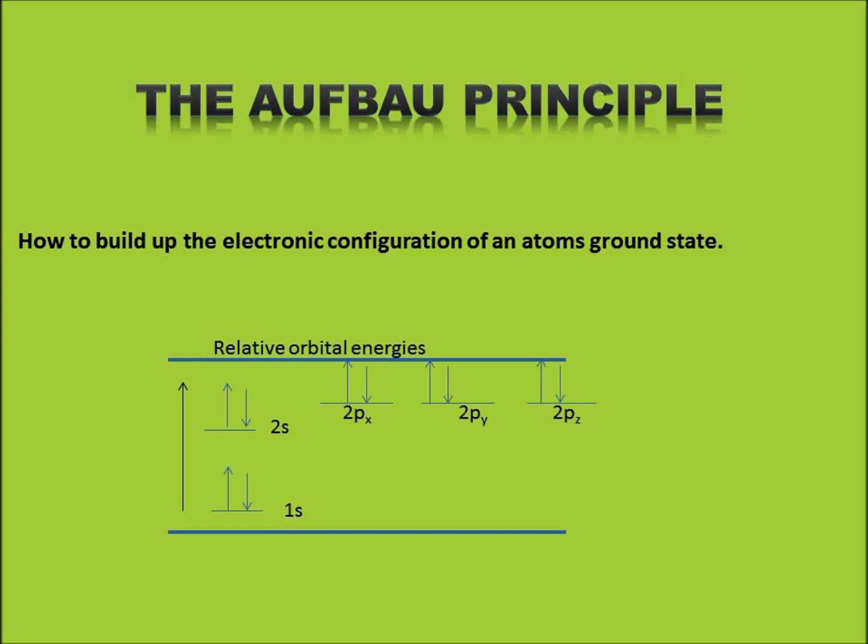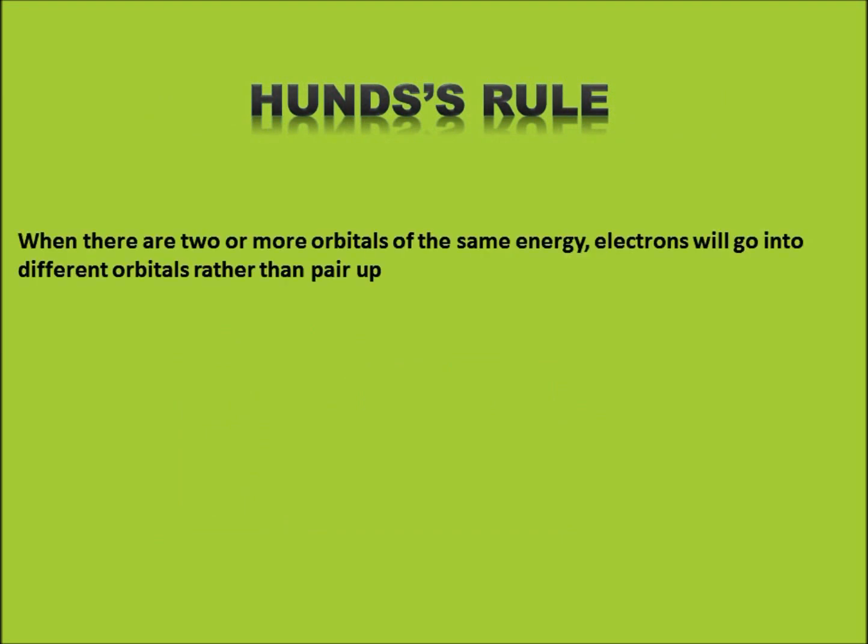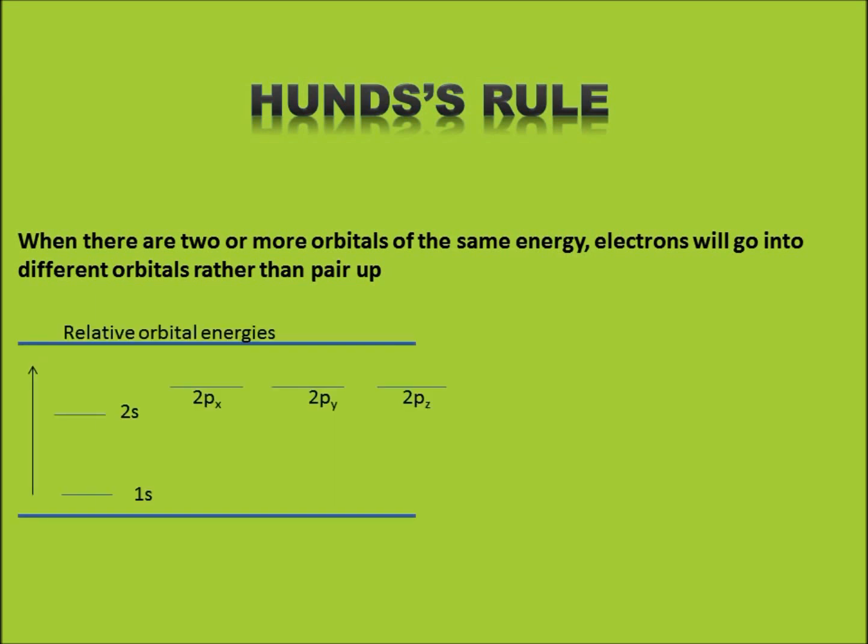The third and final rule is Hund's rule. What Hund's rule states is that when there are two or more orbitals of the same energy, electrons will go into different orbitals rather than pair up first.